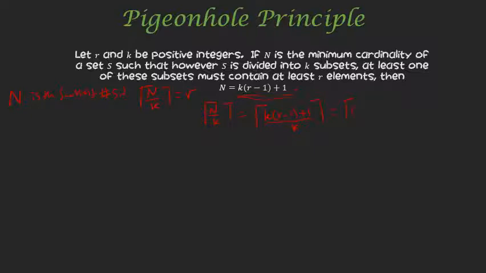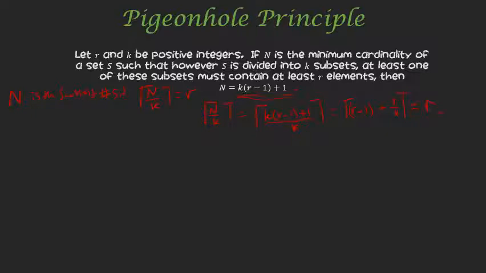So this would be the ceiling of (r minus 1) plus 1 over k. So r minus 1 is an integer, and if I add 1 over k to that, that'll be some number between 0 and 1. This will bump it up to the next integer. So this is r, and so it satisfies the fact that the ceiling of n over k is equal to r, but is it the smallest one?